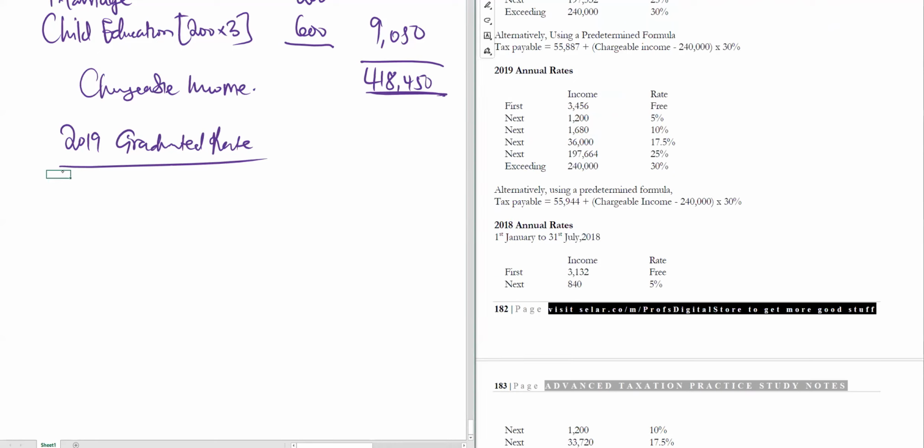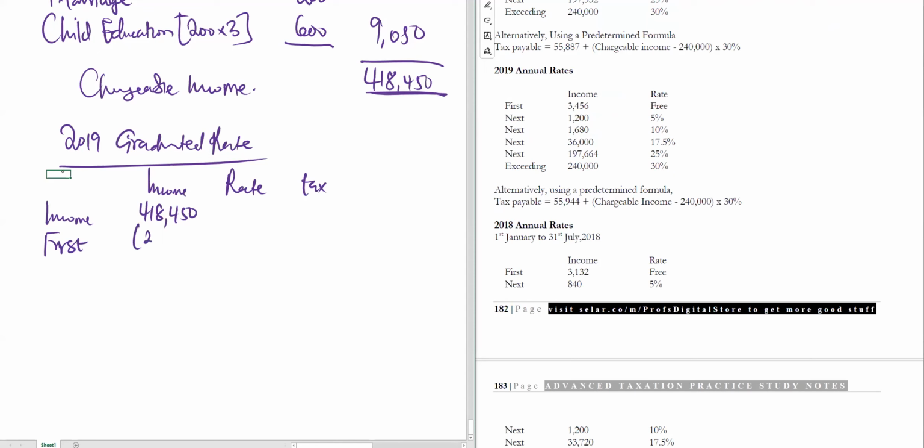So we have income, rates, and then tax. What was his total income? His income was 418,450.